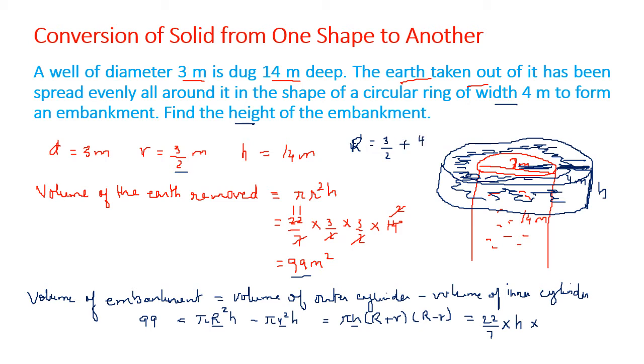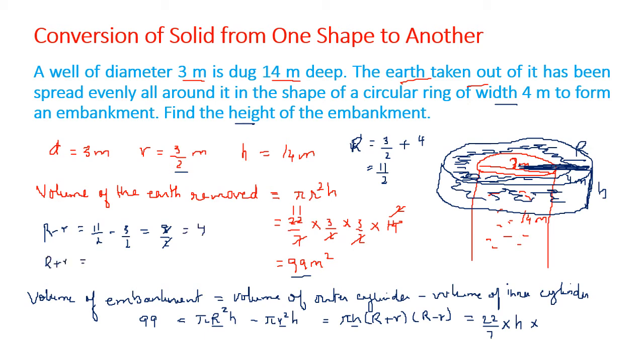So 3 by 2 plus 4 will give me the outer radius R. If you calculate, 4 twos are 8, 8 plus 3 is 11, so 11 upon 2 is the outer radius. Now R minus r and R plus r. R minus r is 11 by 2 minus 3 by 2, that is 11 minus 3 is 8, so 8 upon 2, that is 4.